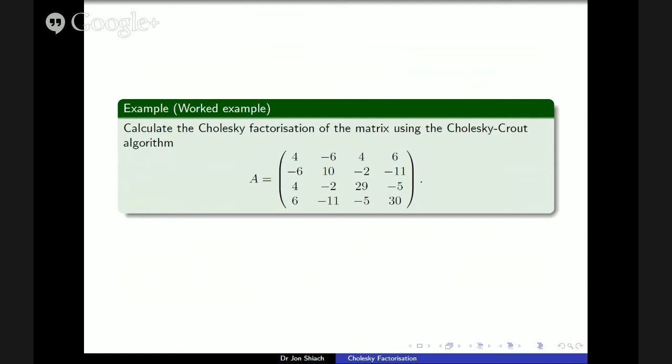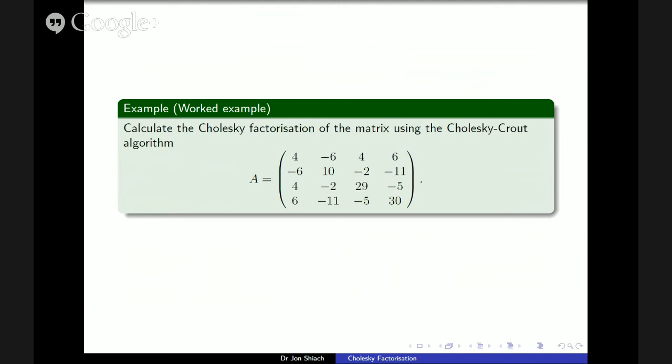So as always, move down the columns. Start with j equal to 1, and your main diagonal element is simply the square root of a11. Square root of 4 is obviously 2. As we go beneath the main diagonal, you then move to the second equation. By second equation, I mean this equation.